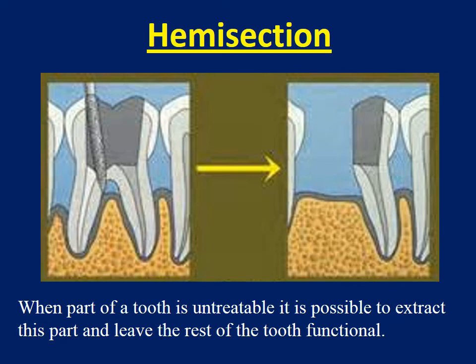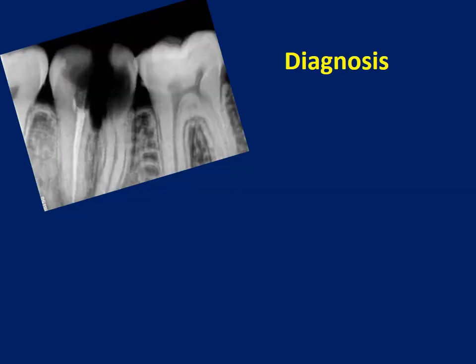In molars, when one of the roots has severe bone loss, or there's a problem with the endo treatment that cannot be treated, we may do hemisection. Hemisection is cutting the tooth in half and removing the part that is affected.